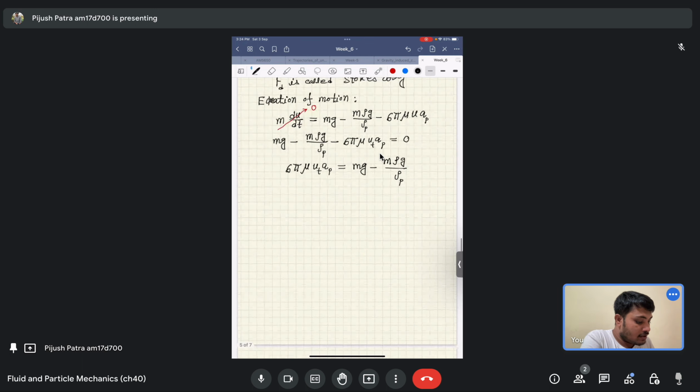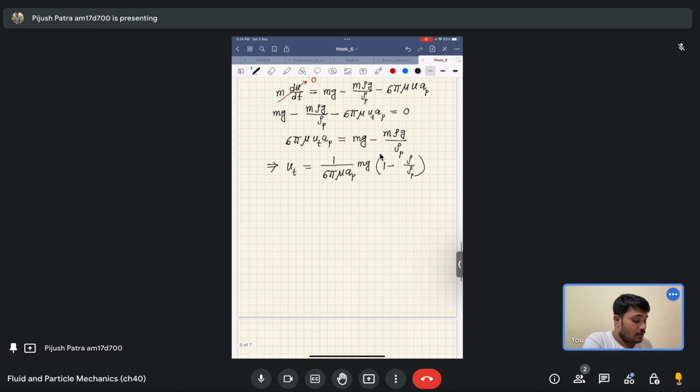So then what is ut from here? Ut, the terminal velocity of the particle, that means the maximum velocity it will reach when it falls. This is equal to 1 by 6 pi mu ap into mg into 1 minus rho by rho p. As simple as that. Now I will simplify it further.